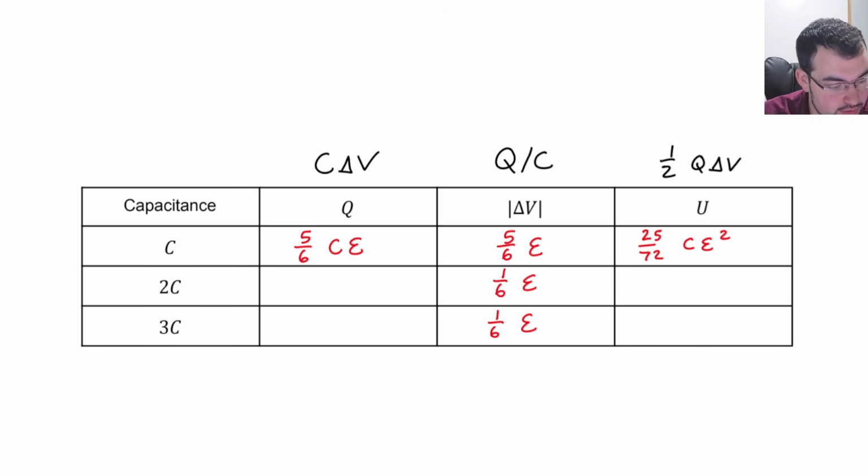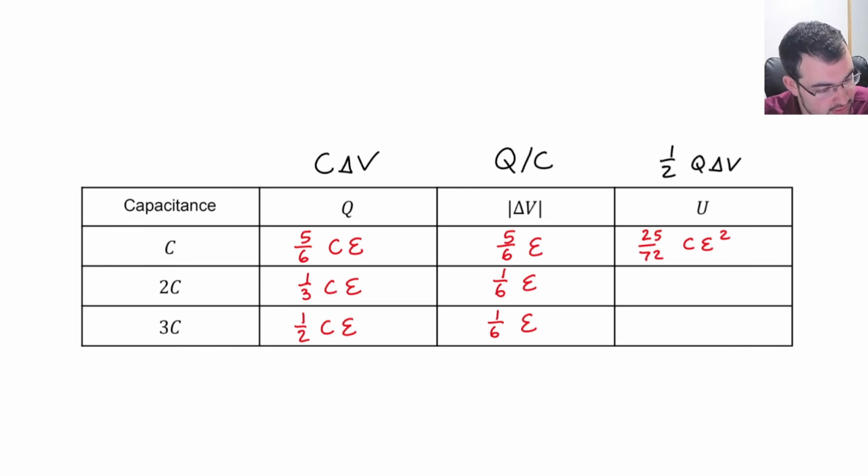So we can just multiply each of their capacitances by this. So the 2C gets a 1/3 C epsilon, because we get 2 over 6, and then we get a 3 over 6, which is 1/2. And notice, if we add 1/2 and 1/3, we get 3/6 and 2/6, which does make 5/6. So the total charge does work out.